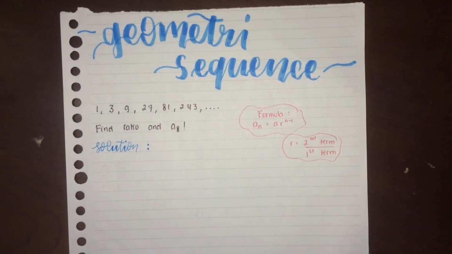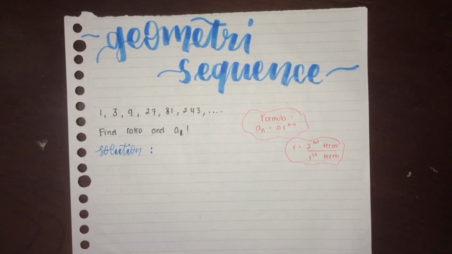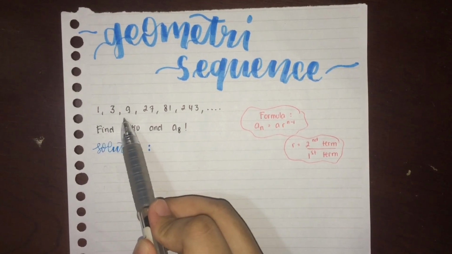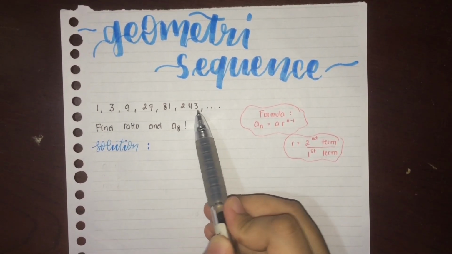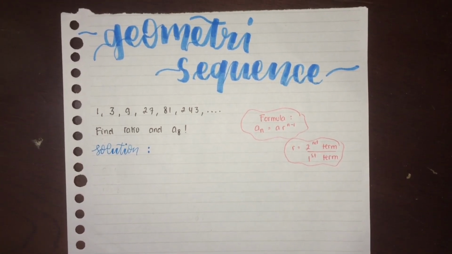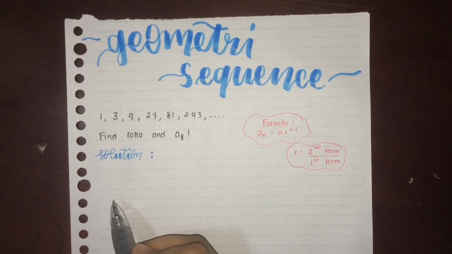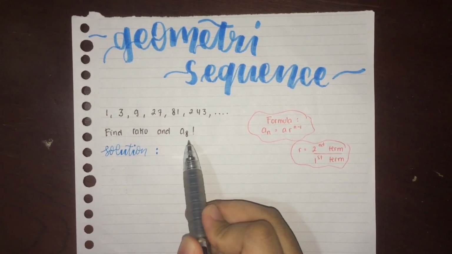And now I will show you how to do a problem of geometric sequence. There is a sequence of 1, 3, 9, 27, 81, 243 to infinity. If we find a problem of geometric sequence, we use this formula. And the question is, find the ratio and the eighth term.